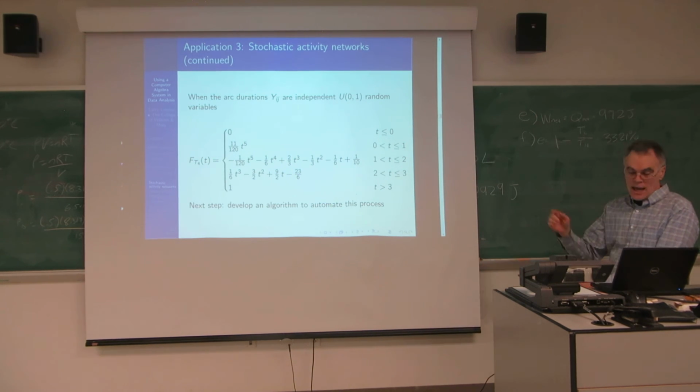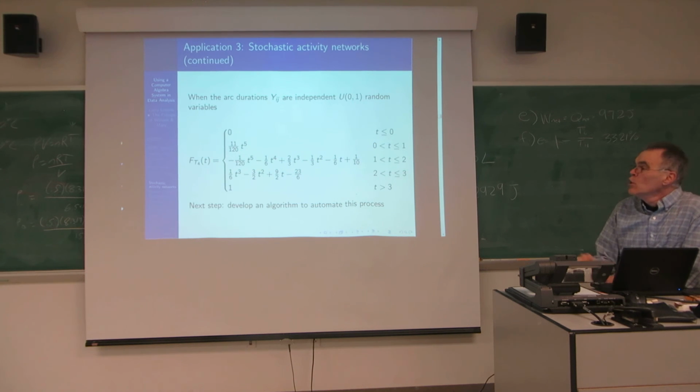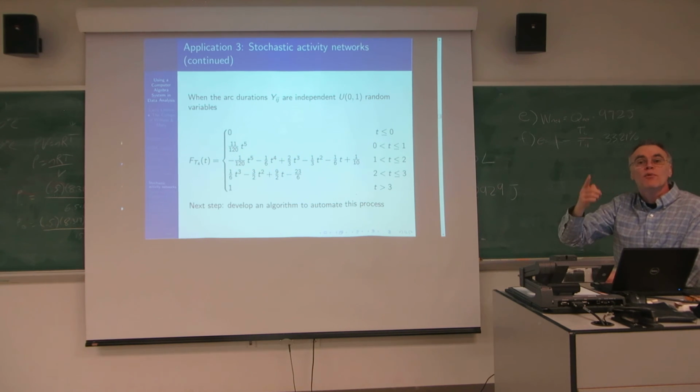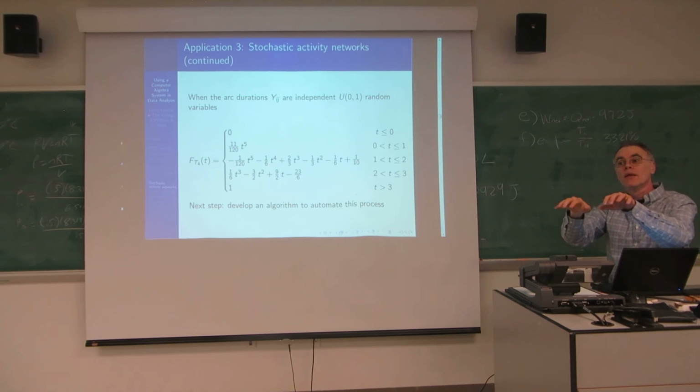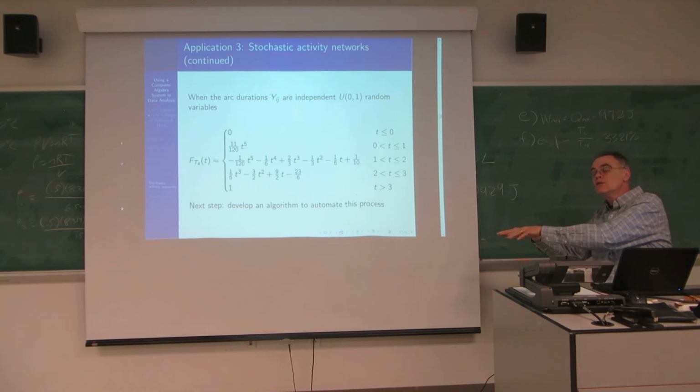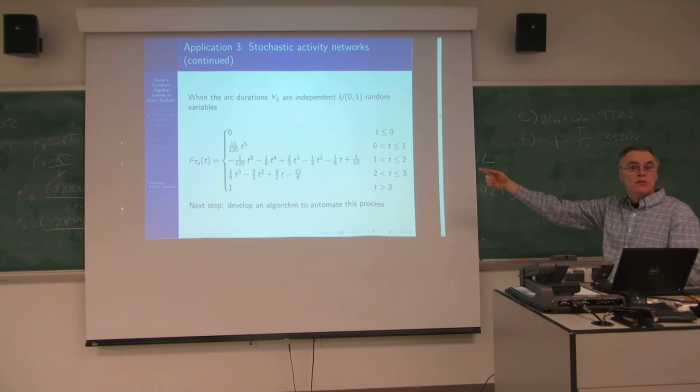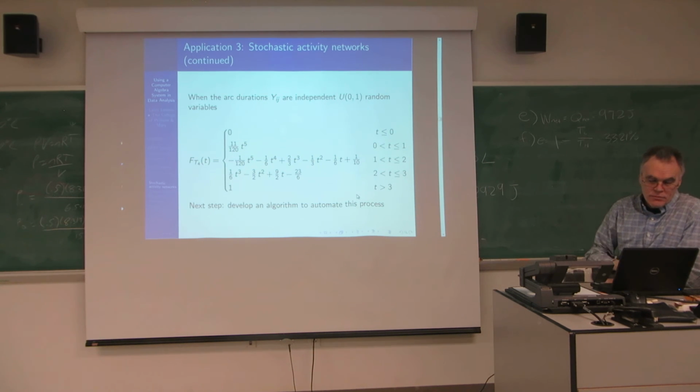That right there is the time to complete the network. Okay? So our goal was to see if we could automate the process. In other words, if somebody just input a network and input the probability distributions, could we come up with this rather than doing it by hand?